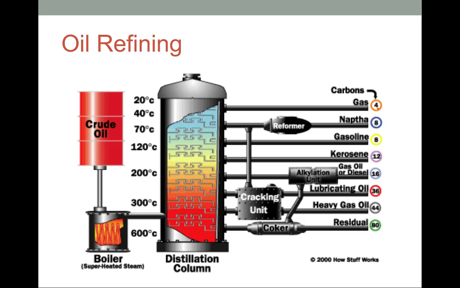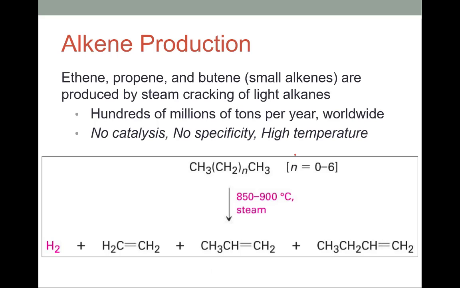Well, along the way, we also produce alkenes. One of the reactions shown in the book is this one, where we're taking hydrocarbons, and notice n here is up to 6, so total molecule size is somewhere in the 2 to 8 range. And we can do steam cracking.